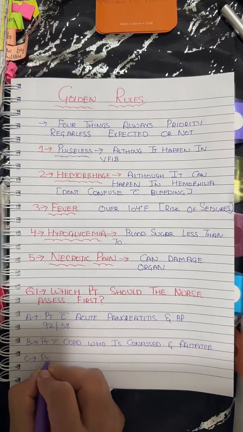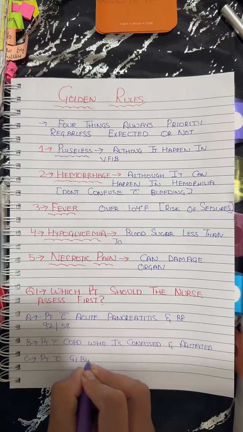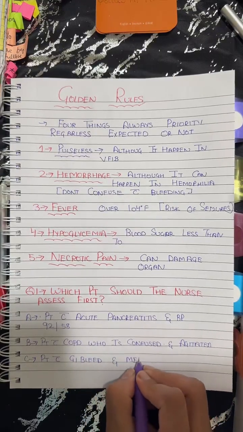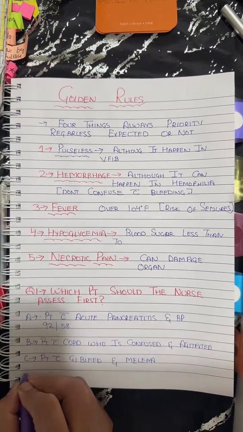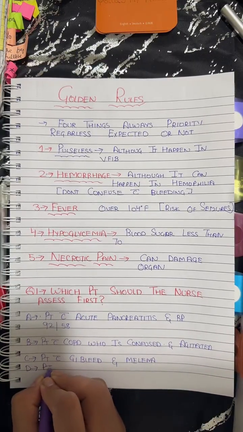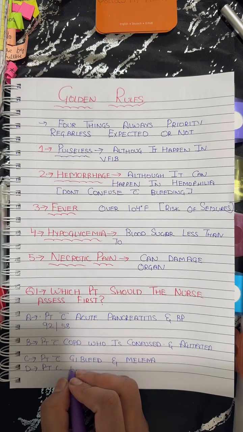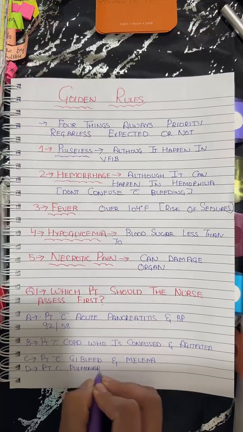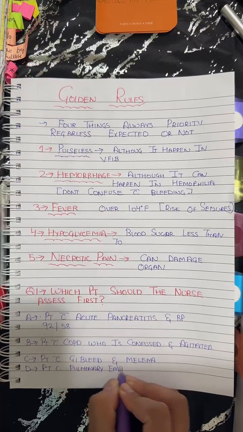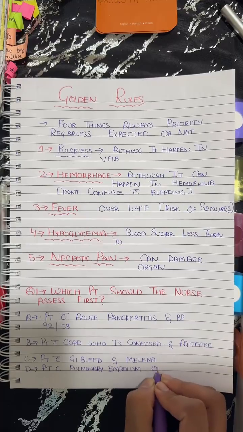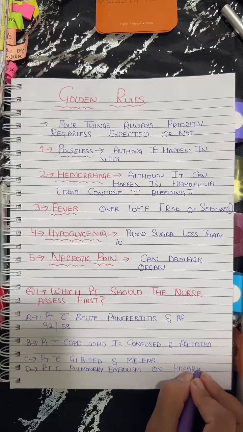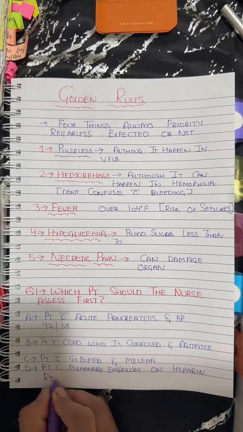C, a patient with GI bleed and melena. D, a patient with pulmonary embolism on heparin, reporting chest pain.